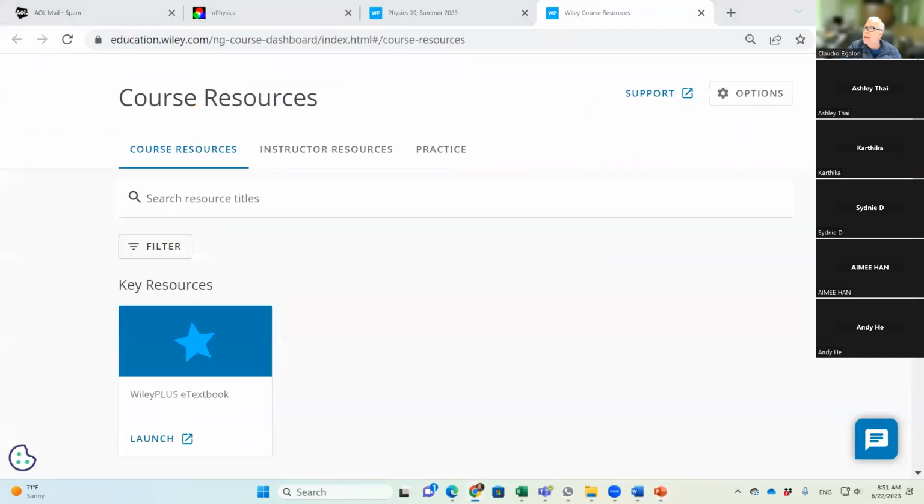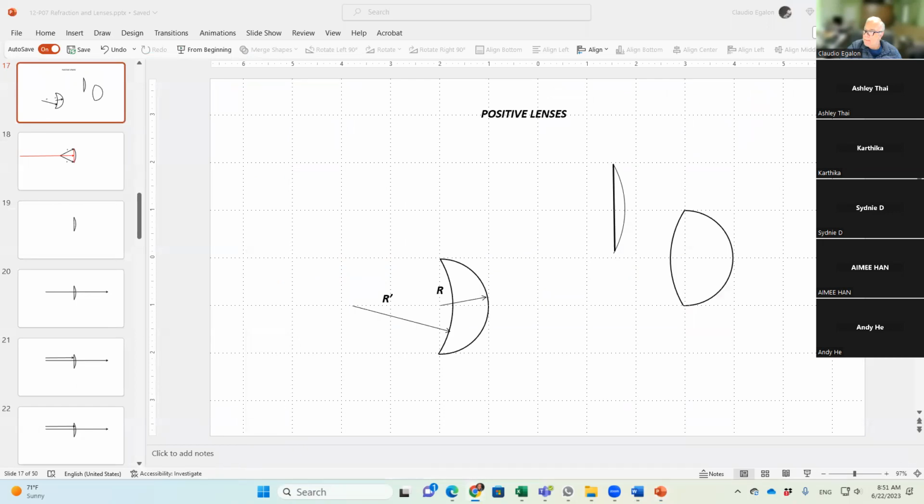We get this guy right in here. Okay, and refracting surfaces. There is one equation. You know what? I'm going to skip that.